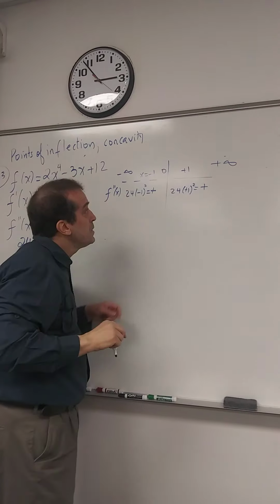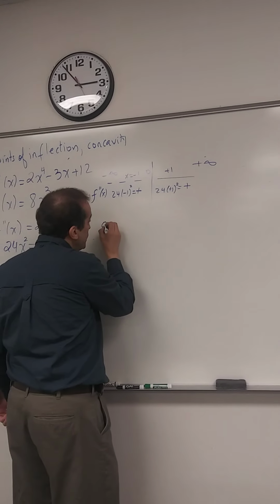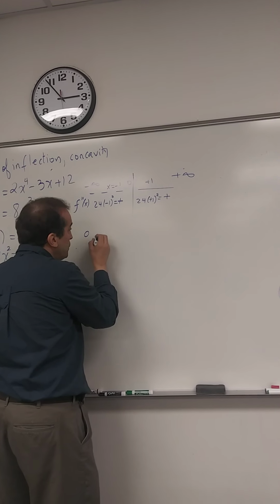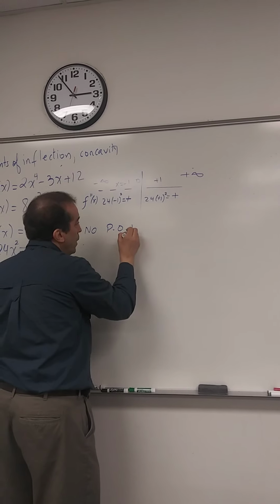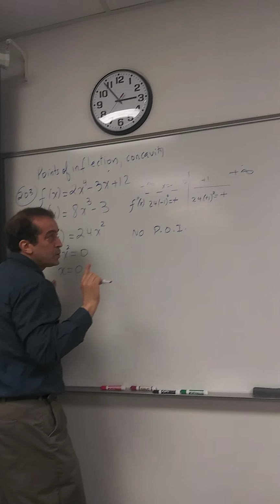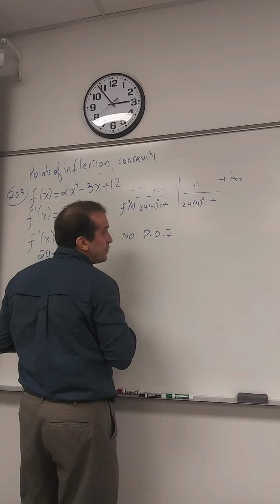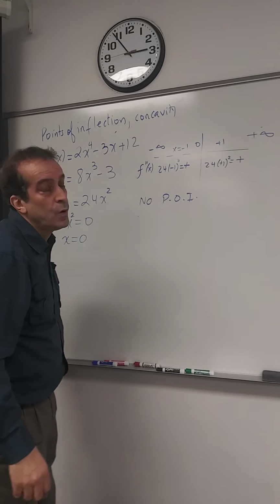This time, the second derivative did not change signs. So therefore, (0, f of 0) is not a POI. So we'll just say there is no POI. The special point x equals 0 is not a point of inflection because the second derivative did not change signs. And this completes the lecture on points of inflection.